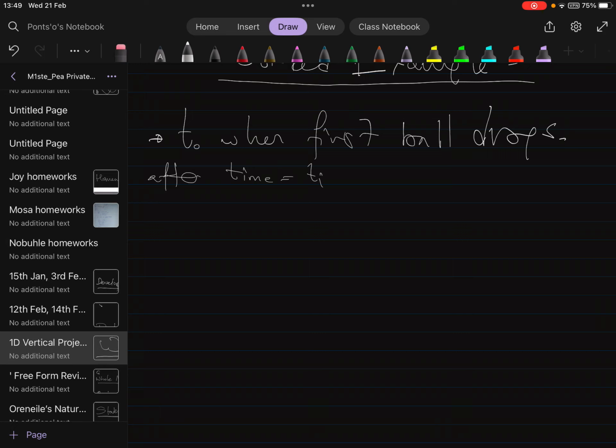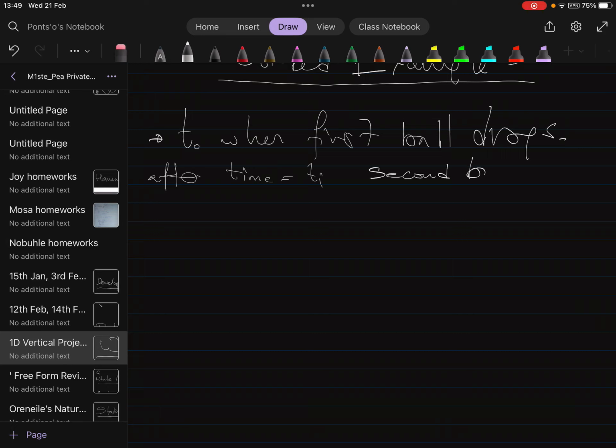So we're gonna assume that they are dropped at equal intervals of time. After another interval, the third ball is dropped. That means when ball 3 is dropped, the total time that has passed is 2t. So that means when 8 balls have been dropped, the total time should be 8t.